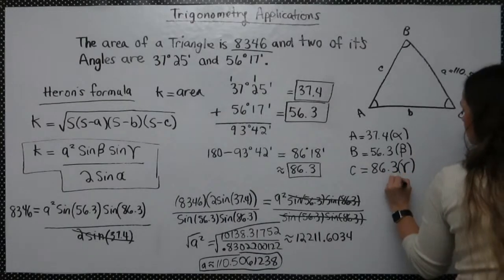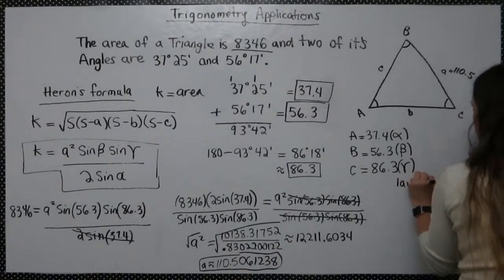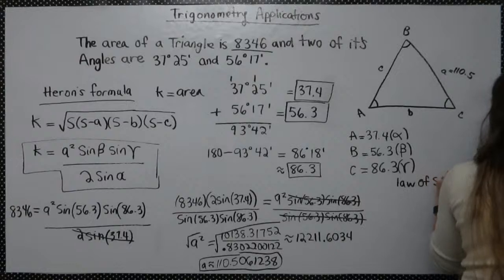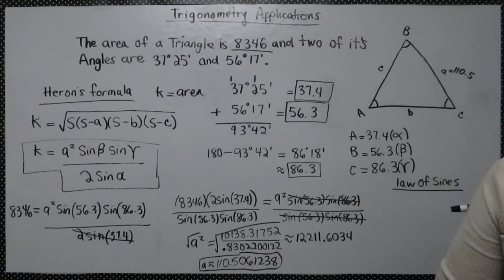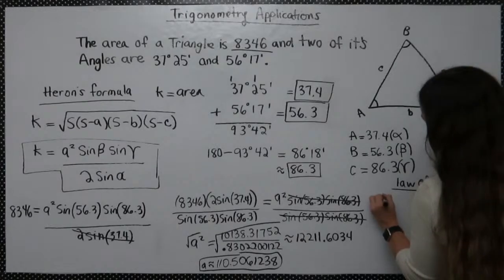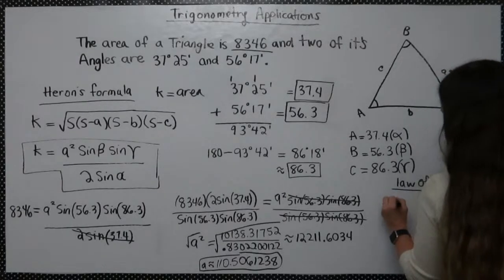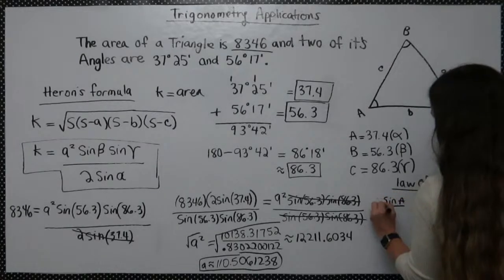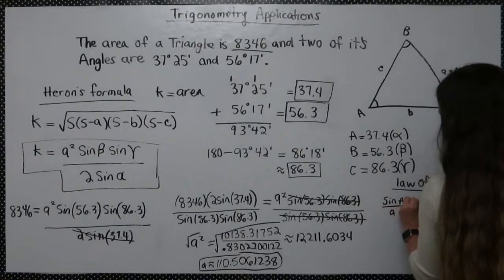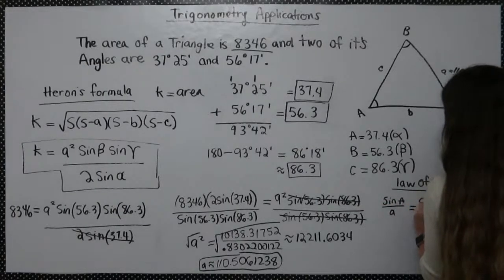So we got law of sines to go ahead and get those others. So we've got sine A over little a equal sine B over little b.